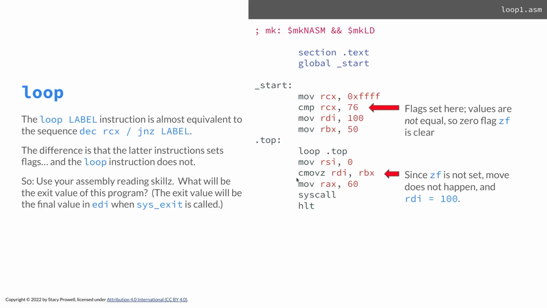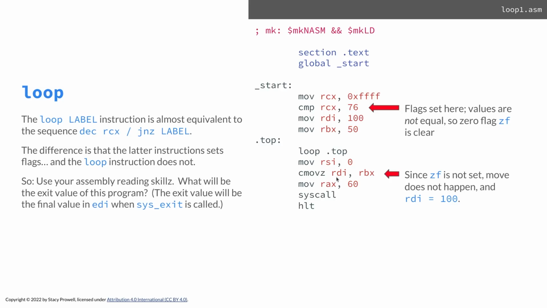So when I get here, after the loop runs, the flags are still set according to this compare up here. And this says CMove Z. What is CMove Z? That's a conditional move if the zero flag is set. We know it's not set, so that move doesn't happen.